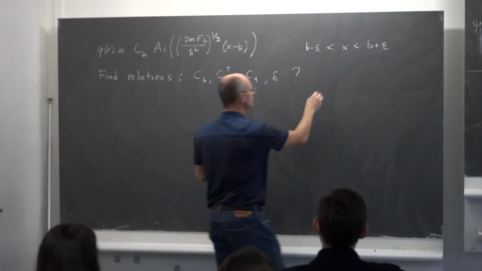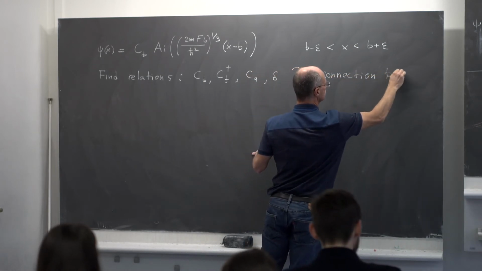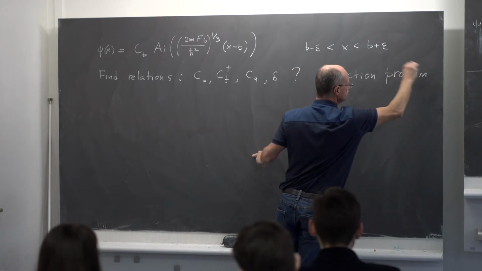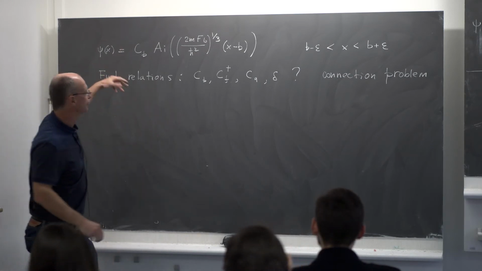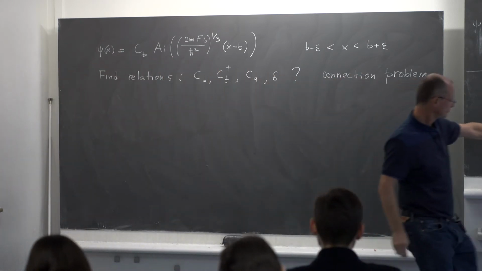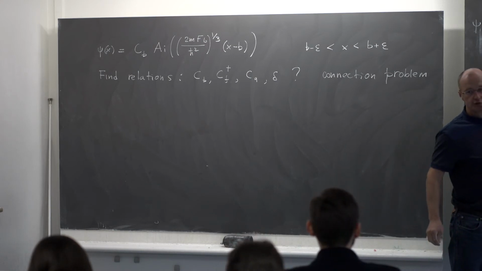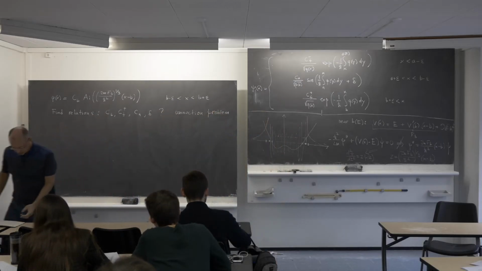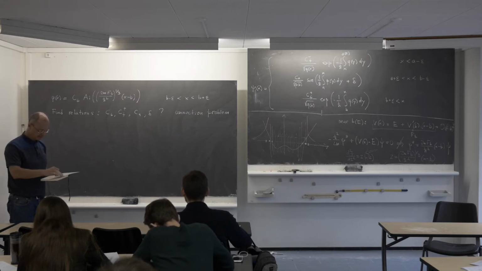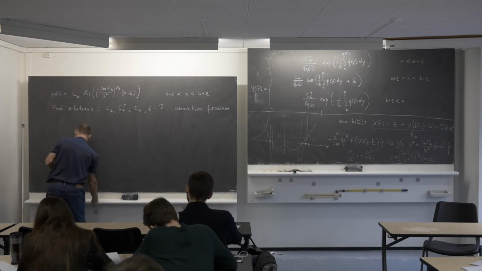This is also known as the connection problem. Aligning the asymptotics of the Airy function with the WKB asymptotics on the left and on the right should allow us to relate the constants in those solutions. Here it becomes somewhat ugly, but let me show you just a little bit of how it goes.